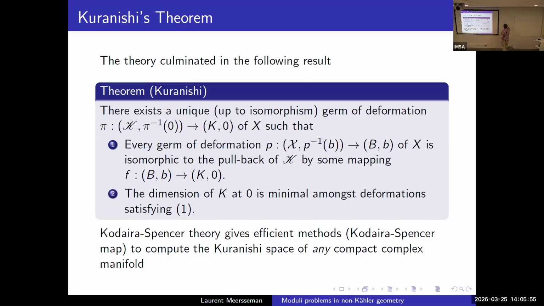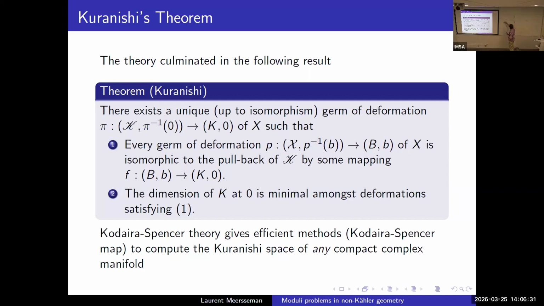When you take the deformation, here you have the base, here this is the base point, you have the family, and then you take a direction, a vector in the tangent space to the base. You try to lift it to the fiber corresponding to X. Locally, you can always lift since it is a smooth morphism, the projection is a submersion.